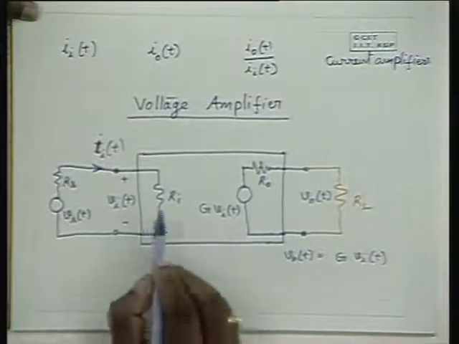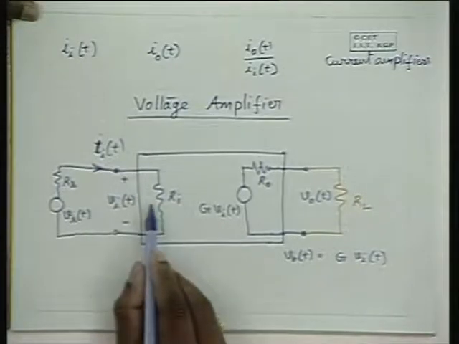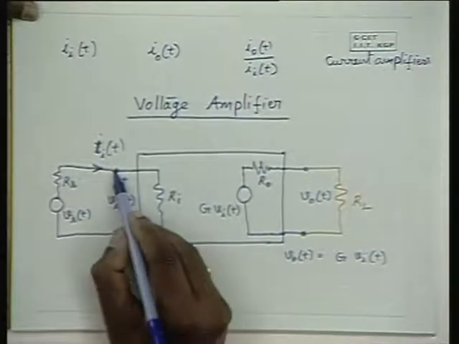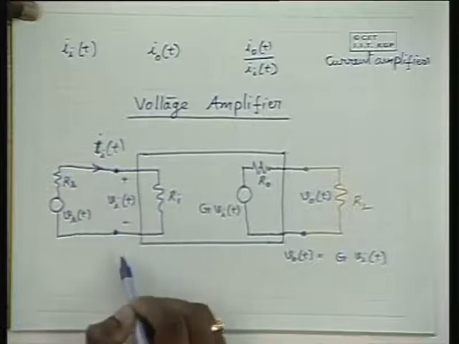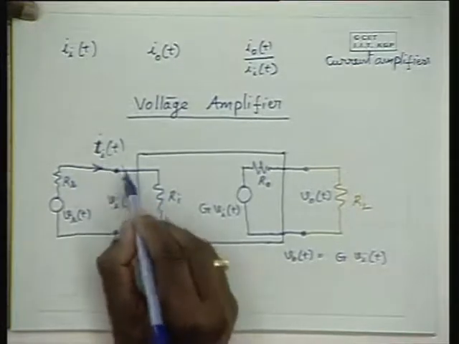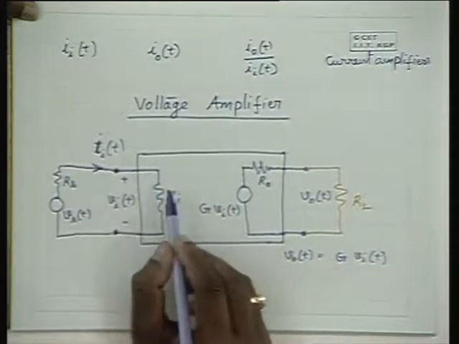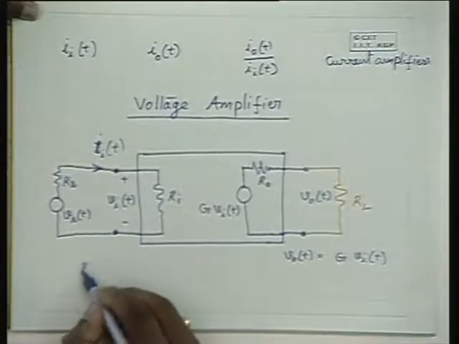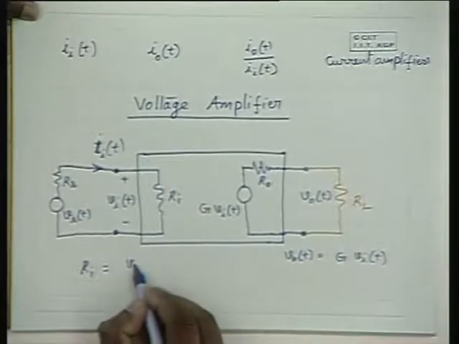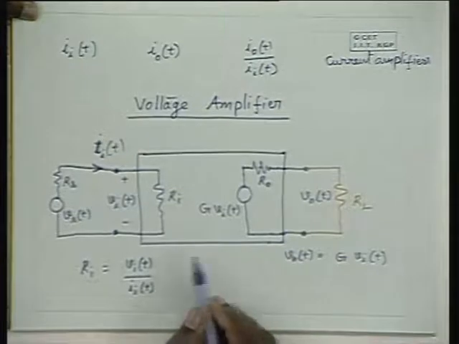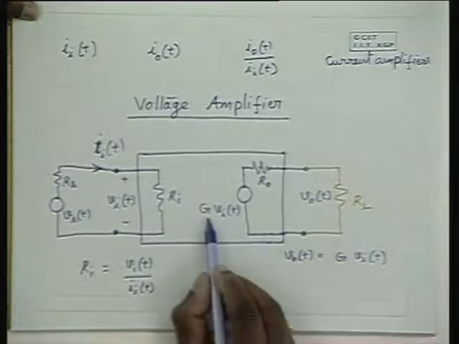Okay. Now, what is Ri here? Ri is the input impedance. How do you find it? If you apply some 1 volt signal at the input, or some VIT, and you observe some IIT as the current flowing inside, then Ri is VIT divided by IIT, the input voltage divided by the input current. Then what about the gain G?